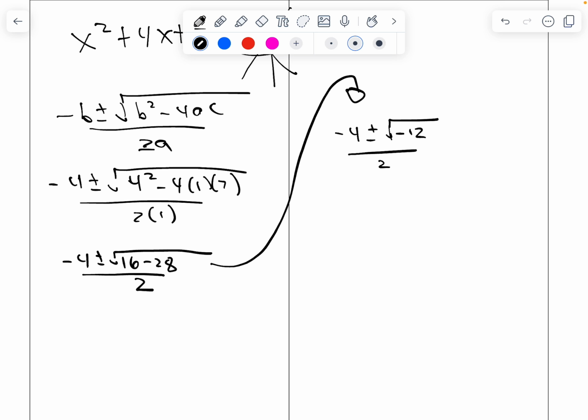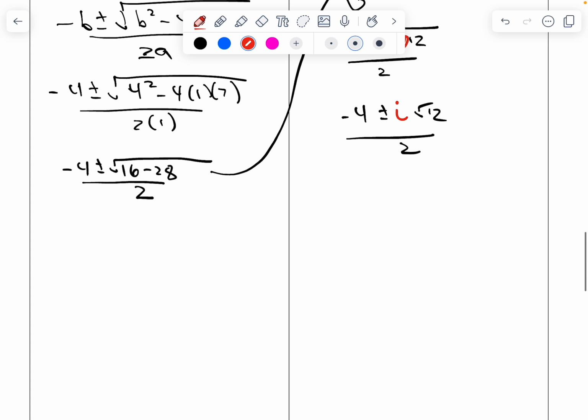And now we got to think about this. Whenever you have a negative under a square root sign, that is going to pop out the letter i. And so that negative right there pops out the letter i. Okay, we can still simplify this a bit more. Square root of 12, well, what is 12?